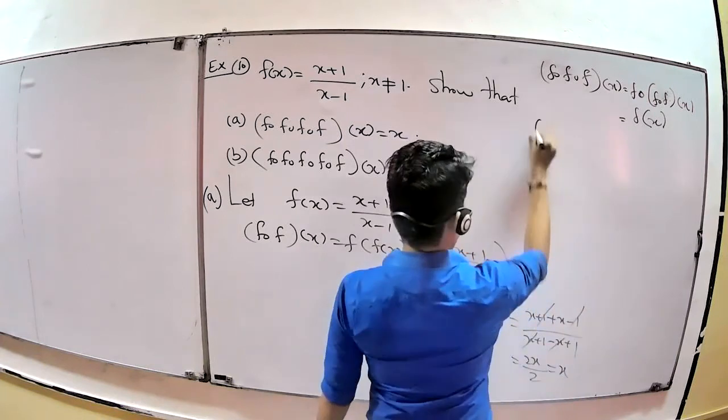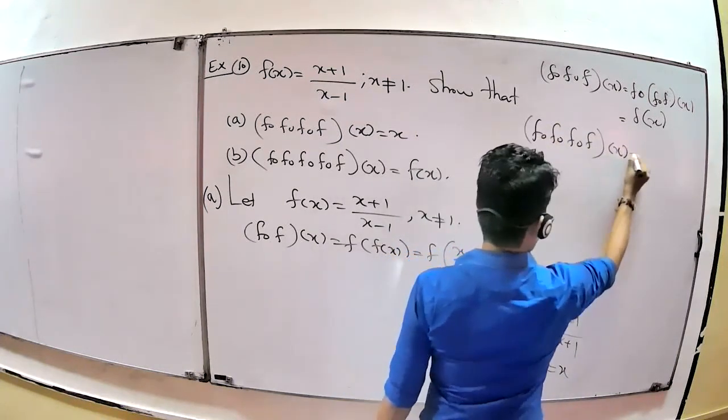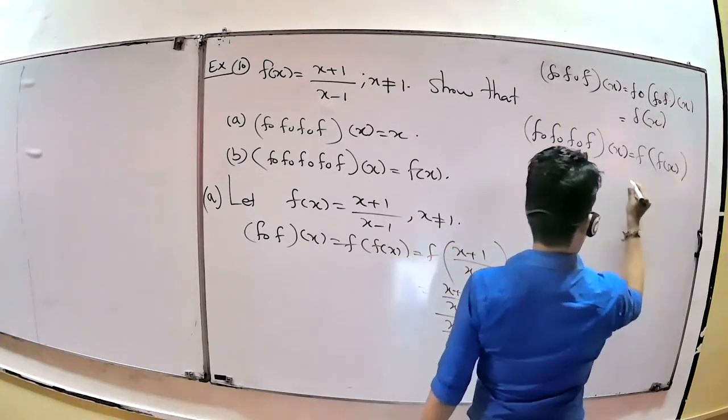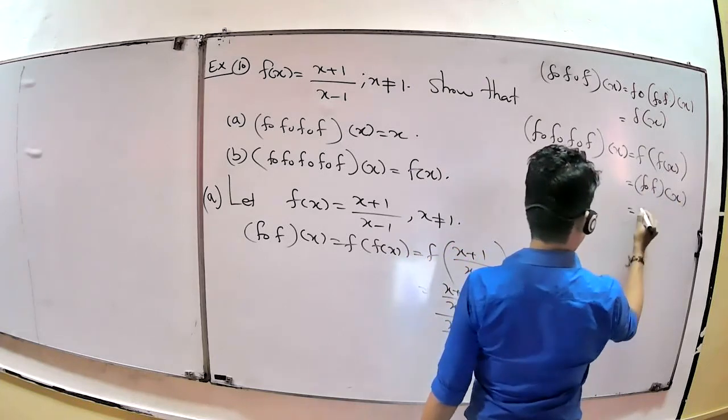Now up to 4: 1, 2, 3, 4. Up to 3 is f of x, and f composition f of x means x.